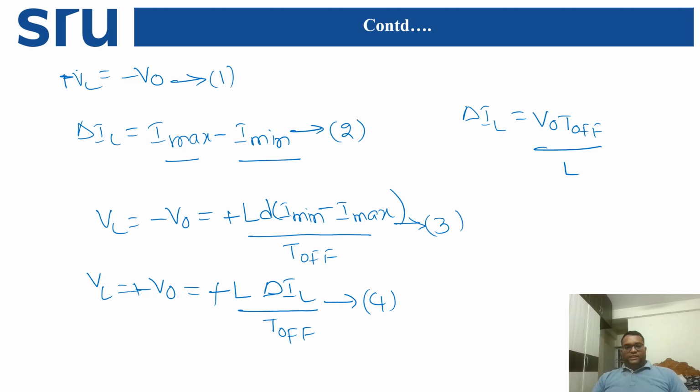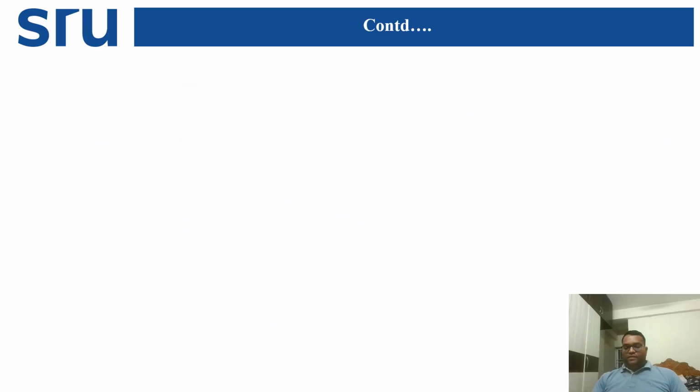So now this is the final condition, equation number 5. Under switch on condition and switch off condition, if we equate delta IL, then we will derive the voltage gain of the circuit.